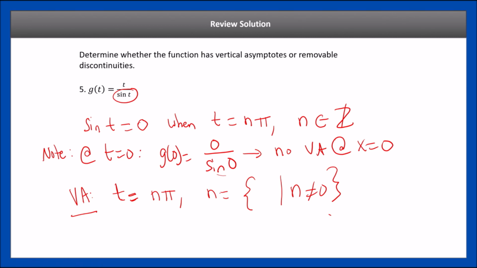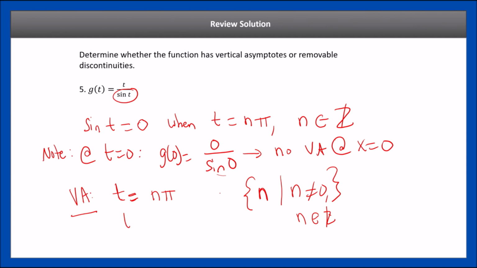Oh, usually we don't write so, sorry, I wrote the notation incorrectly. It's the set of all n such that n does not equal 0 and n is an integer. Okay, n is an integer, but n cannot be 0. All right, so as long as you specify that, you should be fine.